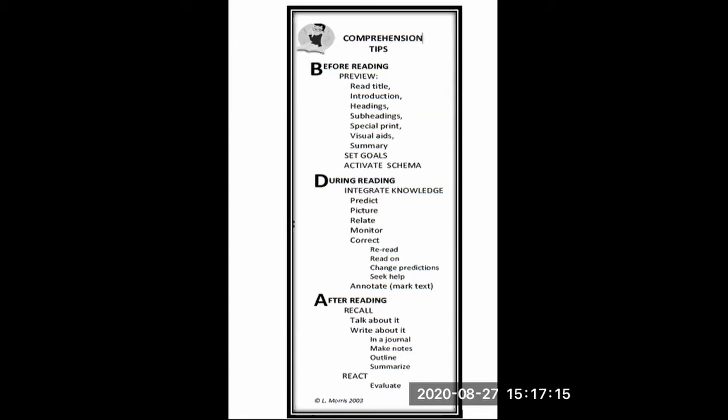Part of this is before you read, you set some goals for yourself. Okay, first time, my goal is just to read, to understand. Second time, okay, I need to read to see what's important. And as you're reading, we're going into what's called activating schema.